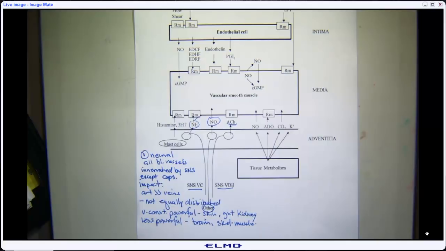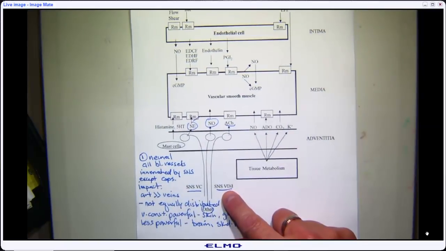Would acetylcholine be inhibitory because it's PNS? So it's not really the parasympathetic nervous system. It's the sympathetic nervous system, but it will cause vasodilation. I know it's weird, but we just have to be comfortable with weird, okay? Because for every rule that you want me to make in physiology, there's going to be something that breaks it.